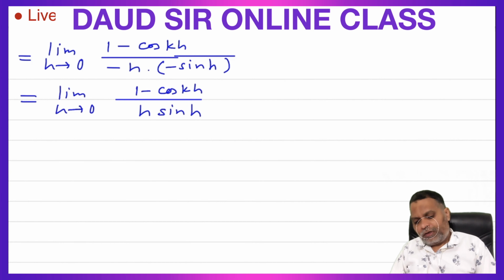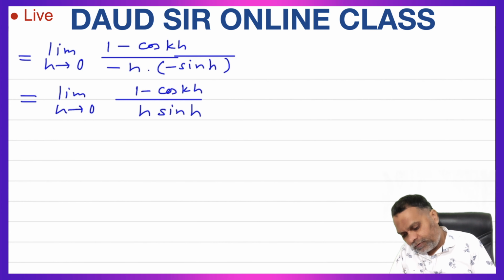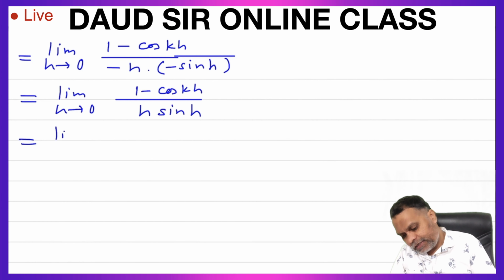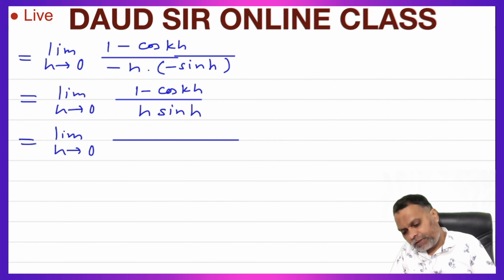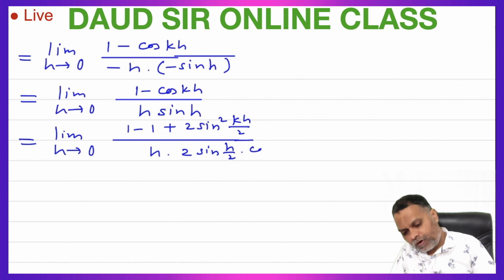So we can cancel this one by using the cosine formula, which is equal to limit h tends to 0, this 1 minus 1 plus 2 sine square kh upon 2 upon h into sine h can be written 2 sine h upon 2 into cos h upon 2.